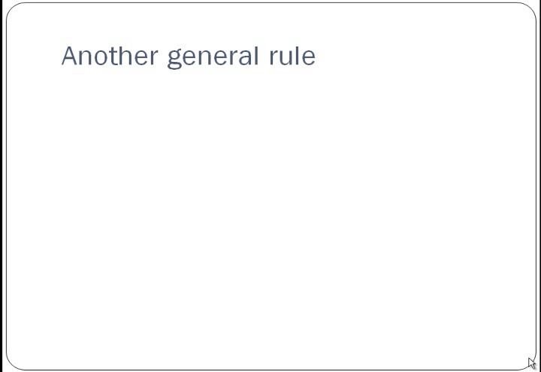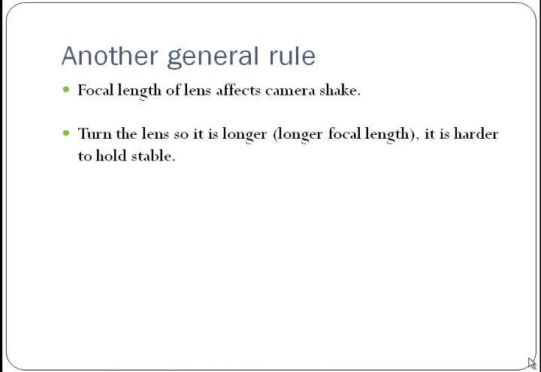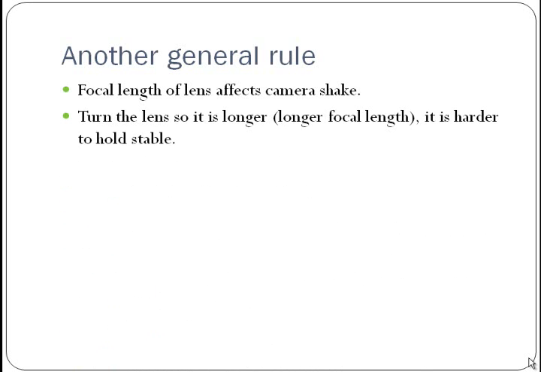Another general rule. The focal length of the lens also affects camera shake. And now this is going to make sense, so hold on with me. If you turn that lens so it is longer, or you make it a longer focal length, or you zoom in, and your lens gets nice and long, it's going to be harder to hold it stable than something that's smaller and more compact.